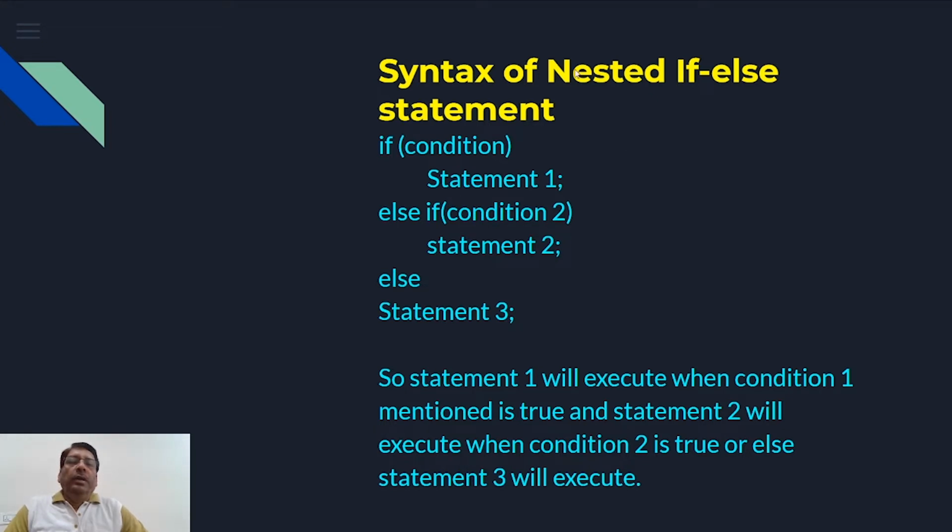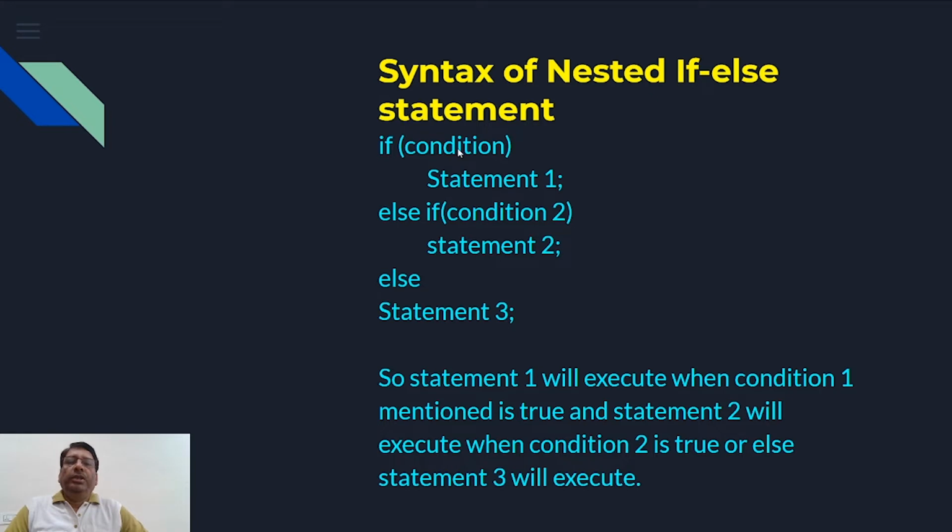So in that case, wherein you want to go with multiple conditions, you have to go with a nested if-else statement. In the case of a nested if-else statement, the syntax will be something like this. You write if, and mention the condition, which is your first condition. If this condition is true, you are going to execute a statement, which is your first statement.